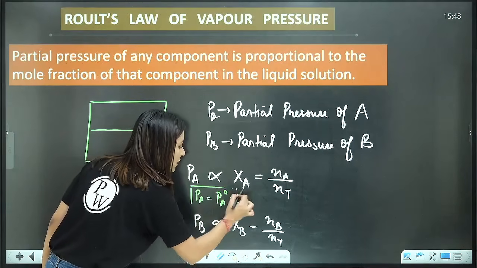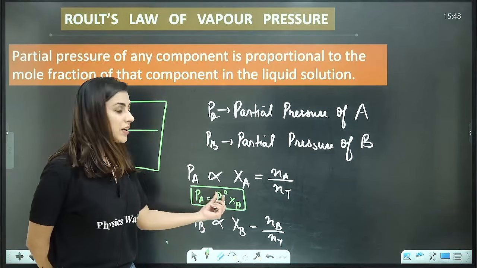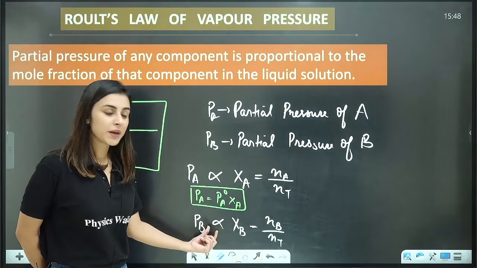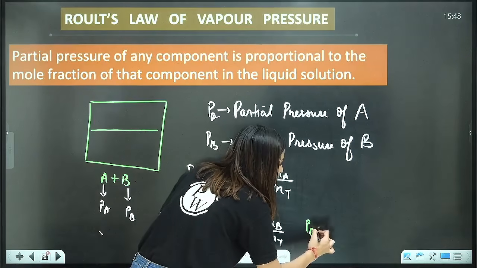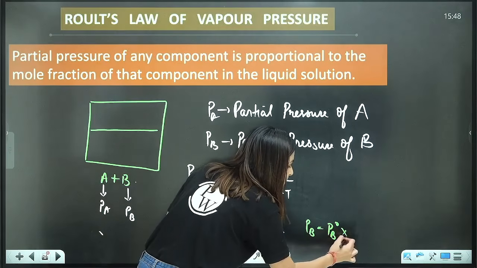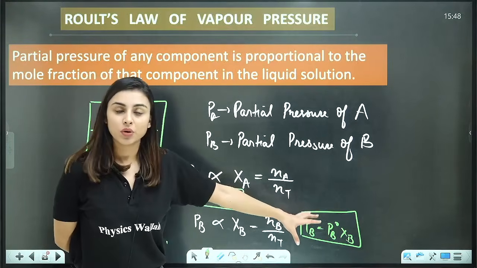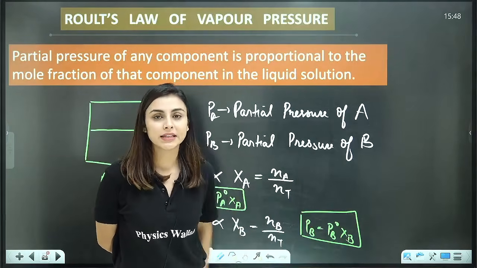This is the expression for PA. Similarly, removing the proportionality for B, PB is equal to PB naught XB. This is the partial pressure of B.